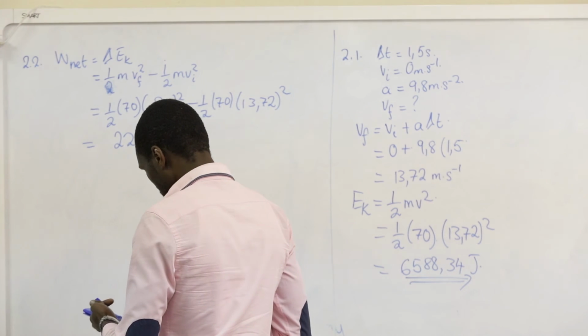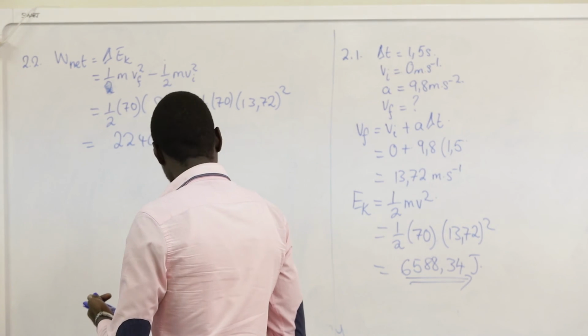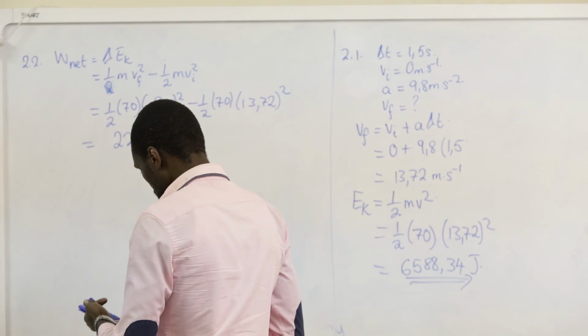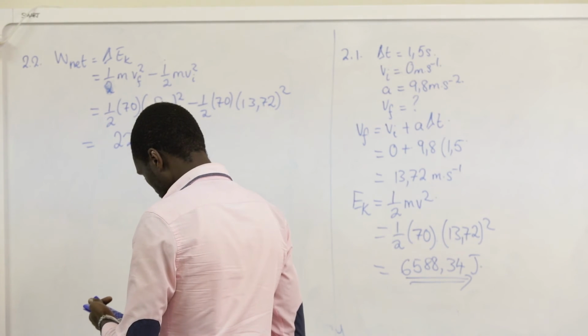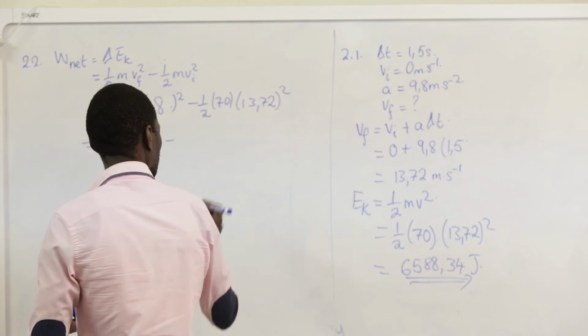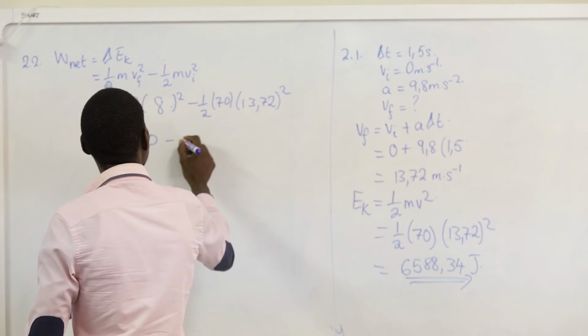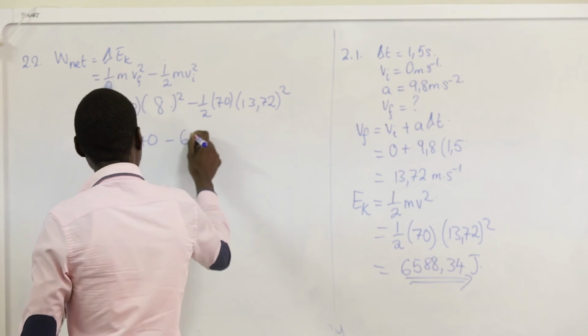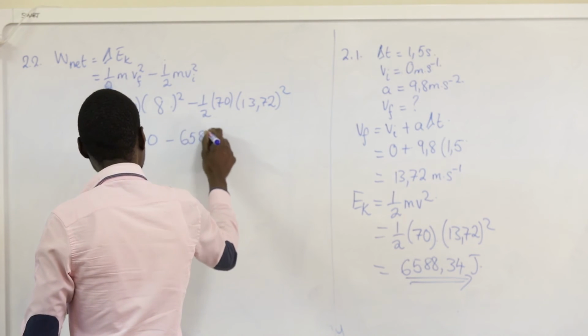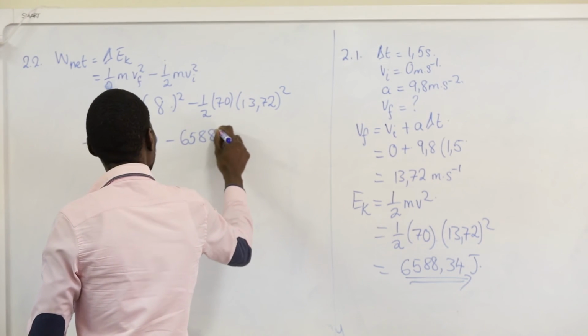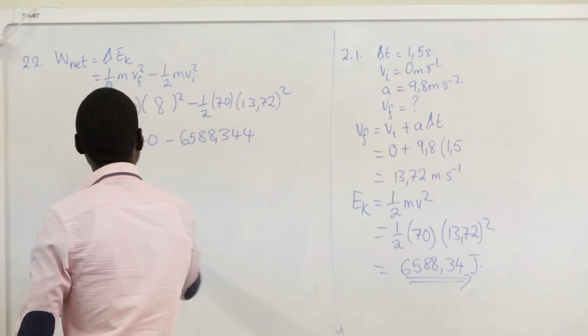35 multiplied by 13.72 squared is equal to, which I had calculated there already, 6,588,344.